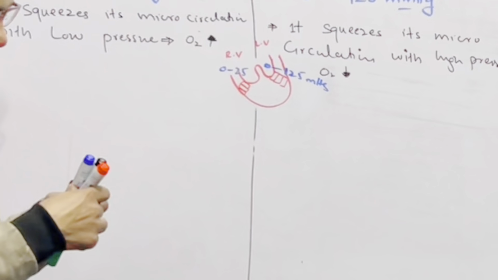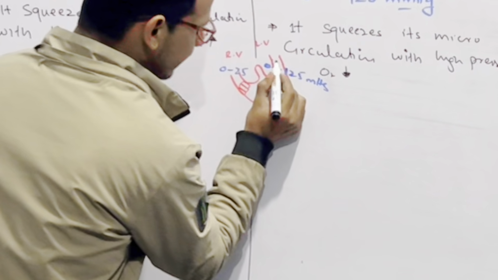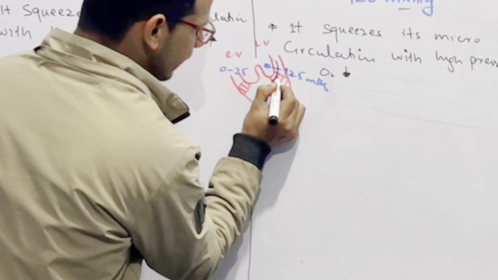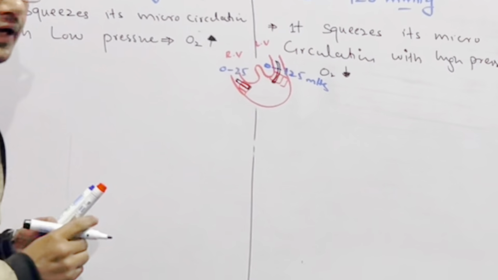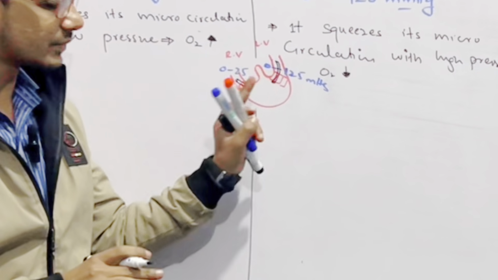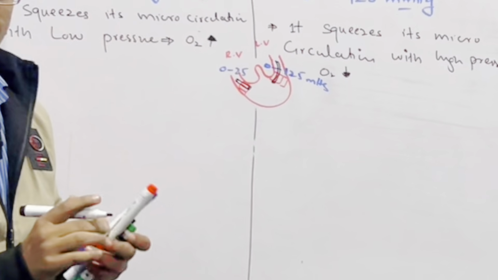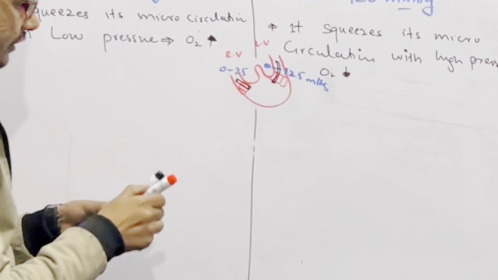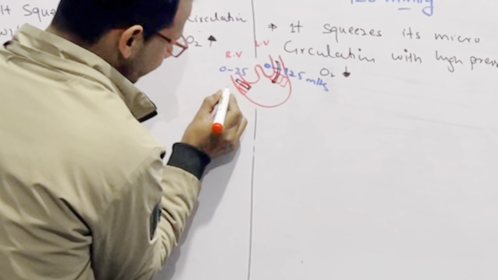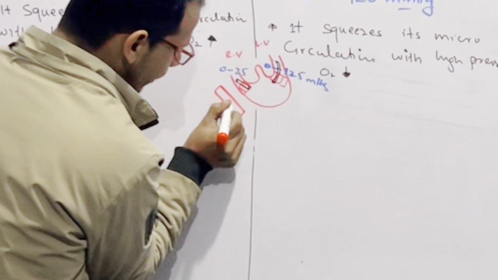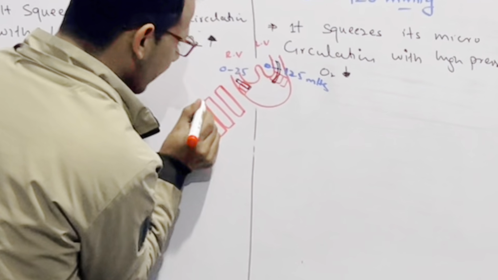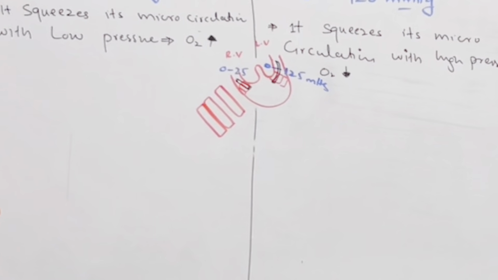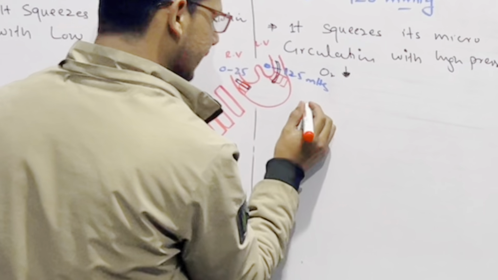Three layers of myocardium, and the circulation is present here. For example, these are the microcirculation. We separate this myocardium from each other for understanding. For example, this is the endocardial myocardium, this is the middle myocardium, and this is the epicardial myocardium, on this side.